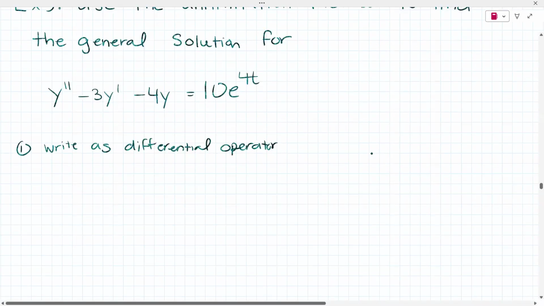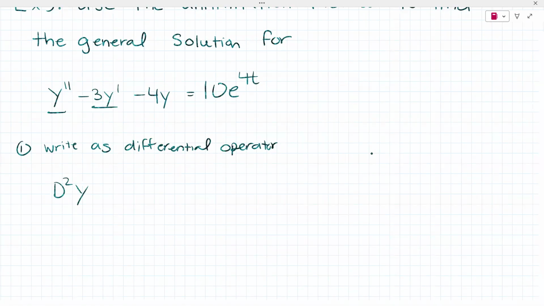Okay, so y double prime is the same thing as D squared y, minus 3y prime is the same thing as negative 3Dy, minus 4y, so it's just minus 4y, and then 10e to the 4t is just that.